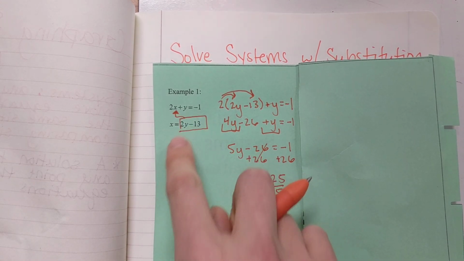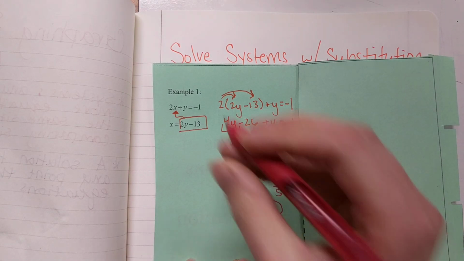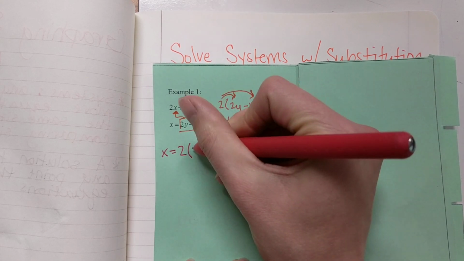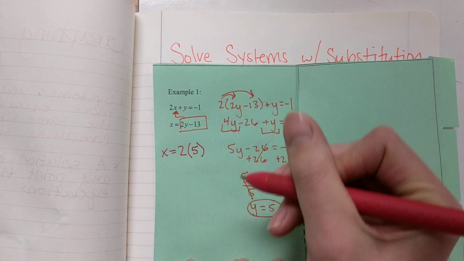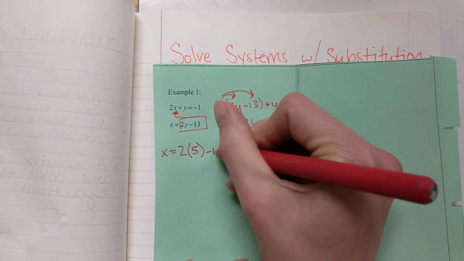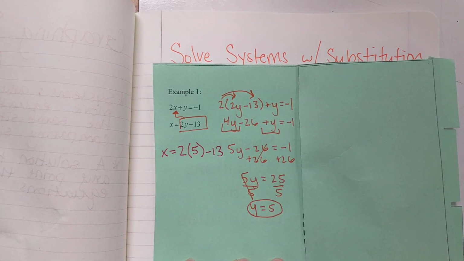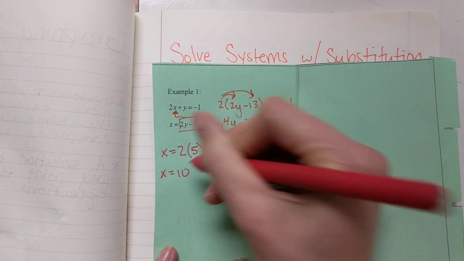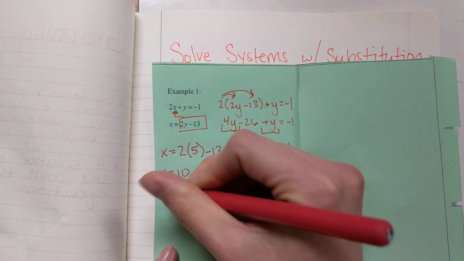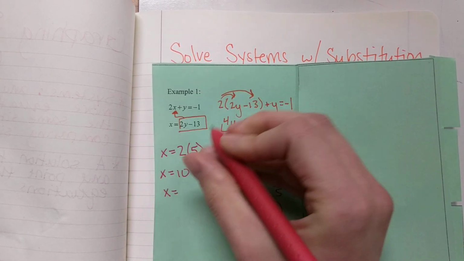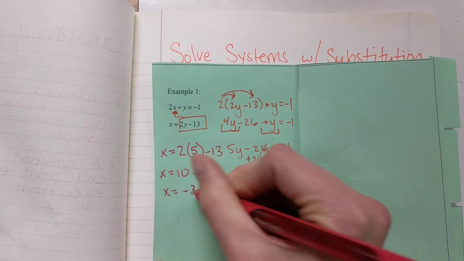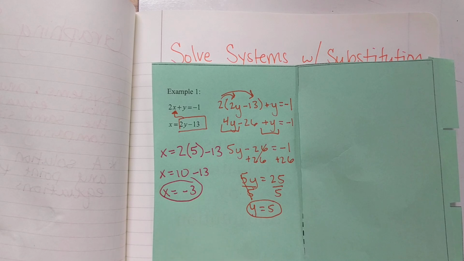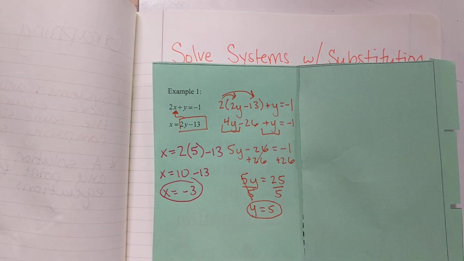So I'm going to take this equation here that says x equals 2y minus 13, and substitute the 5 for the y. So 2 times 5 is 10, minus 13 is negative 3. So y equals 5 and x equals negative 3.